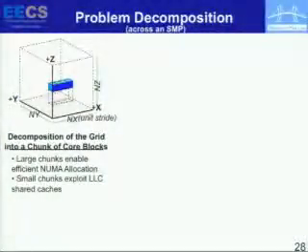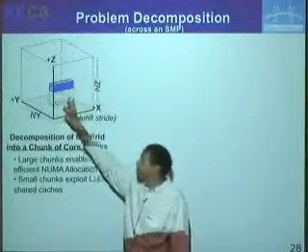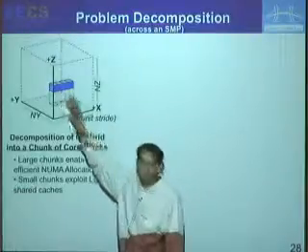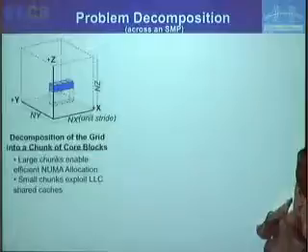The next thing we did was problem decomposition. And this addresses both parallelization as well as cache locality. So I won't go into all the details, but basically, right here, this is a chunk that gets allocated to a single core. And we've broken that chunk up into core blocks. And that changes the traversal through the chunk so that you get better cache locality.